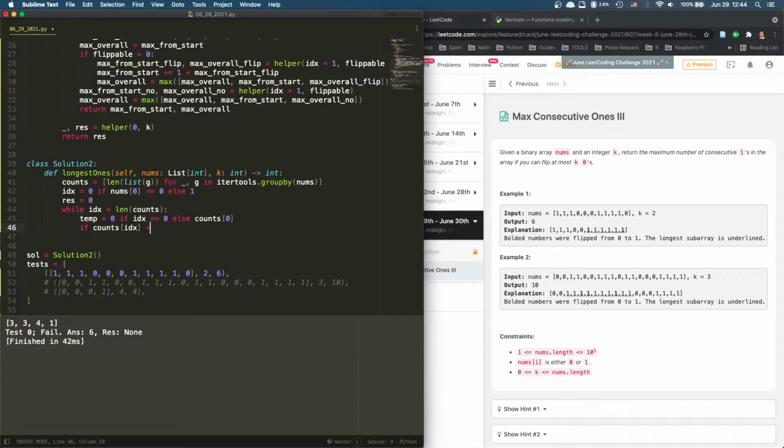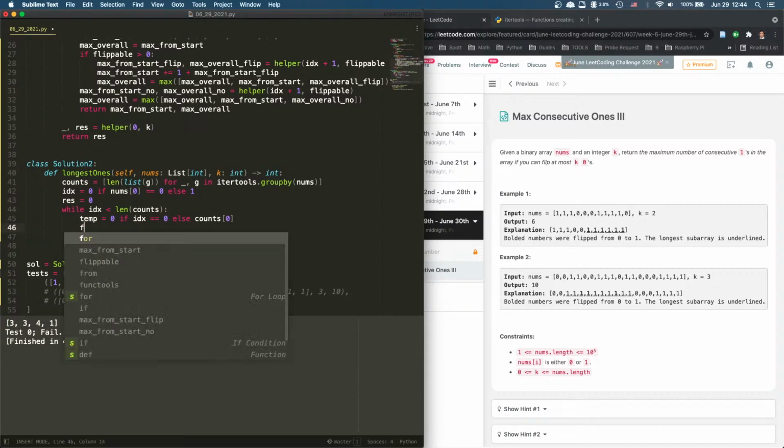So keep adding to the end. If counts[index] is smaller than k, okay, temp is the total, and then this is flipped.